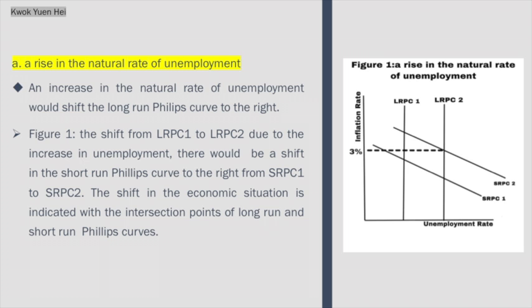Due to the increase in unemployment, there would be a shift in the short-run Phillips curve to the right, from short-run Phillips curve 1 to short-run Phillips curve 2. The shift in the economic situation is indicated with points A and B, which are the intersection points of the long-run and short-run curves.